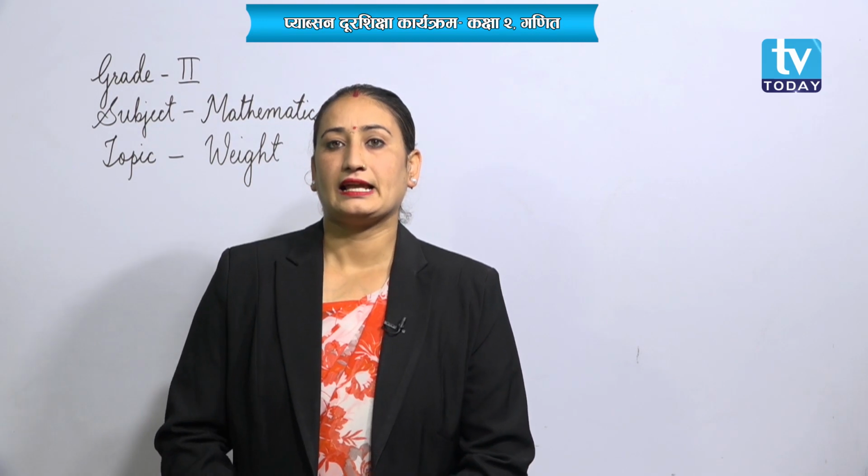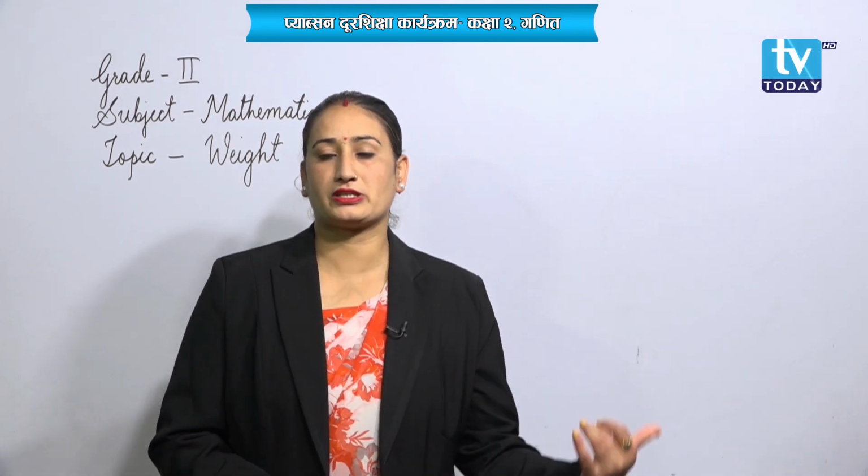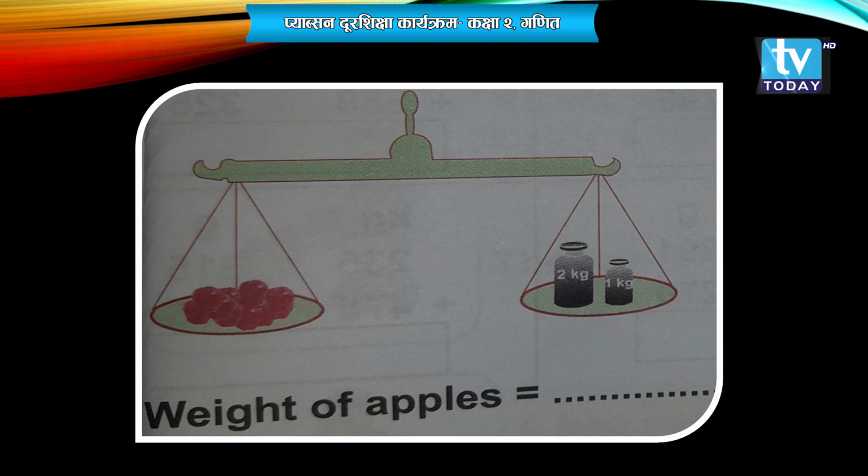So students, let's have a look at the picture over here. In the picture, on one side there is an apple and on the next side a standard weight is given. Can you see that picture carefully? There are some number of apples to be measured, right? They are already there in the pan balance.